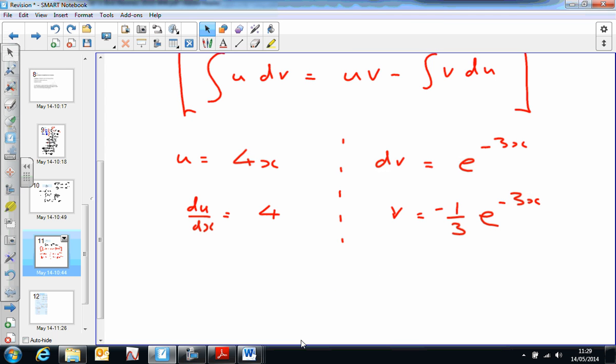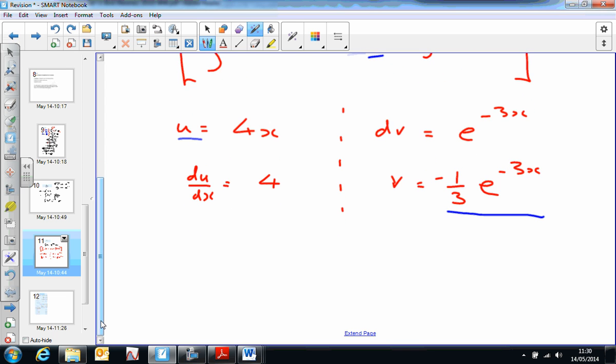So now I just put them into this. I'll replace my original integral, so that's my original integral, effectively, the left-hand side. So what I'm interested in is putting these values here into that little recipe. So u will be this, v will be this, and so on.